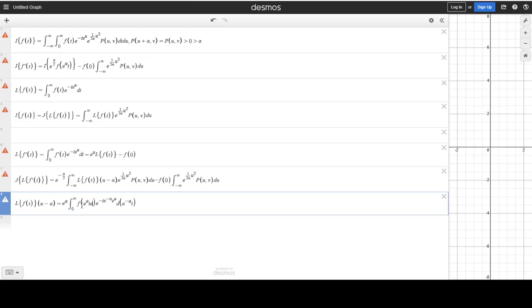This becomes our new t, which is just equal to e to the power of alpha times L f of e to the power of alpha t.